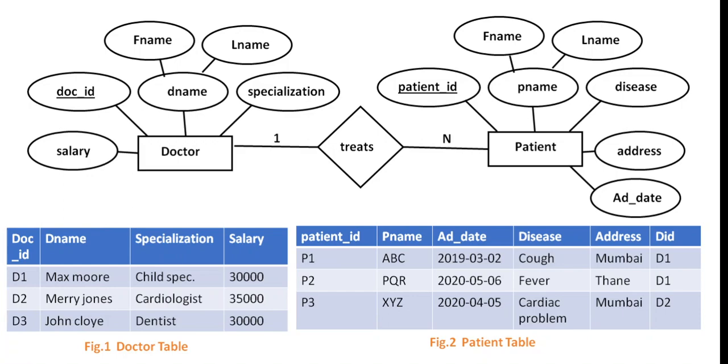Okay, so this is how we can convert an entity relationship diagram into tables. Okay, see, the common attribute or foreign key is not represented in the ER diagram. We need to show it during physical implementation of that ER diagram. We need to show it while creating tables.